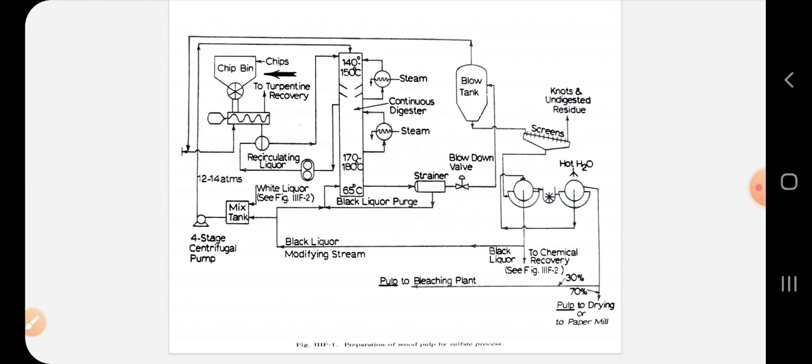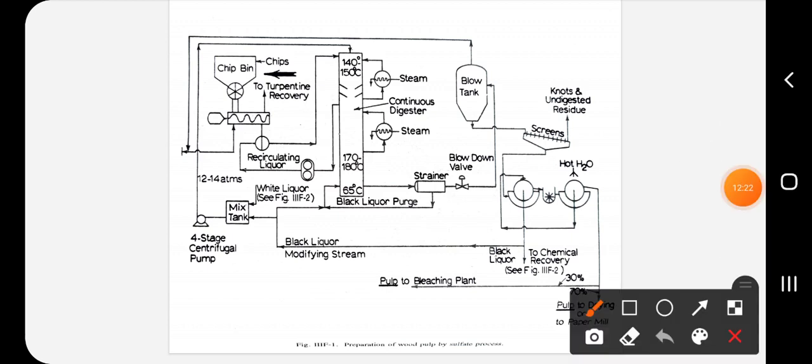Now these chips from the tower are cooled, and from the bottom of the tower they are injected into the strainer, as here.